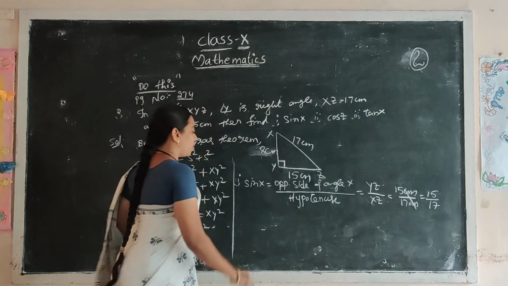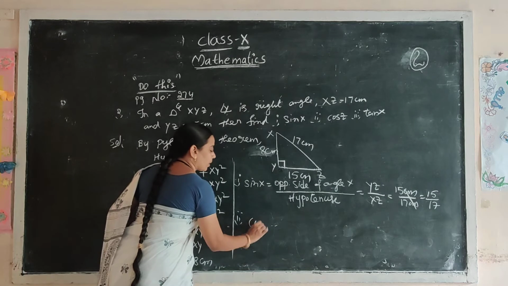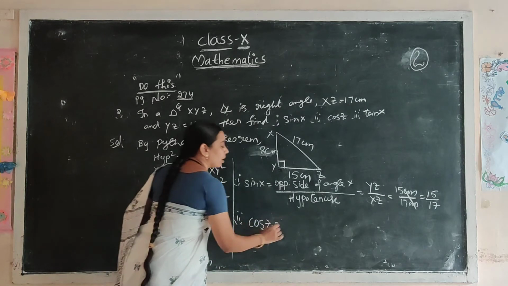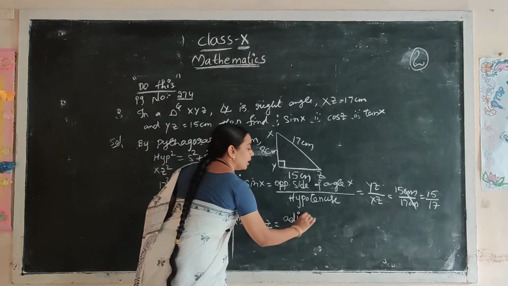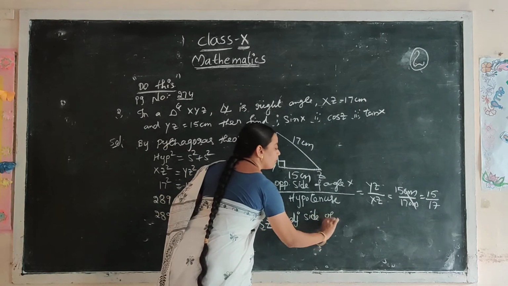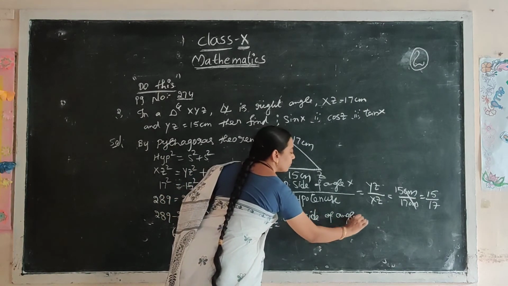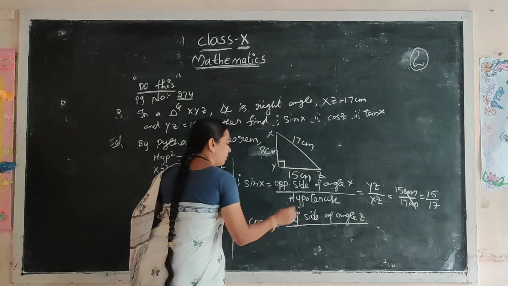And the second bit is cos z. Cos formula: adjacent side of angle z by hypotenuse. Here the angle is changed.